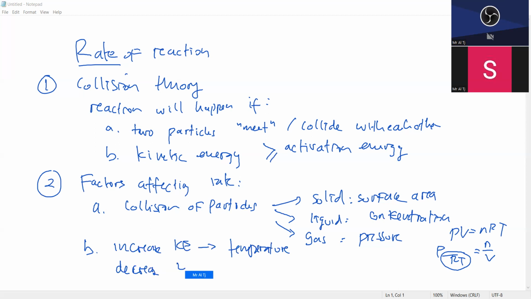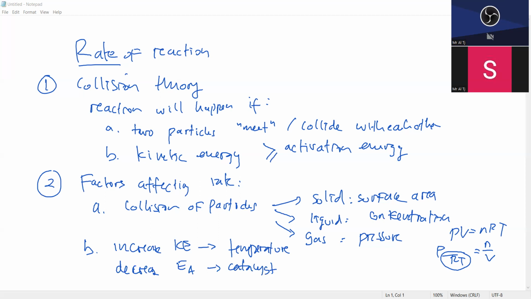On the second, we can decrease the activation energy. How can we decrease activation energy? This is when the catalyst comes into play. If you're adding a catalyst, we're going to decrease activation energy. If we exclude the catalyst, we are restoring the activation energy to the original value without the help of the catalyst.